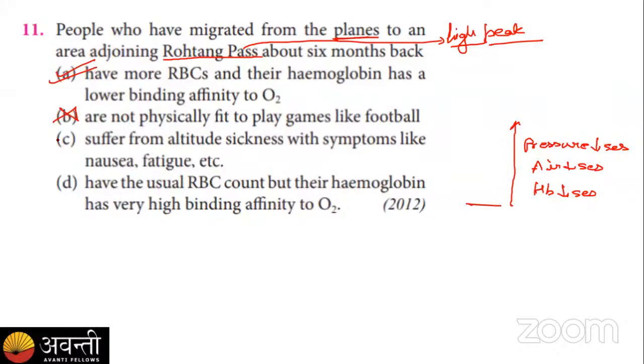After that, we cannot see such effects because the person has already moved 6 months back. And the last, as I said, the hemoglobin binding capacity to oxygen decreases with increase of height. So option D is also incorrect. Okay, so option A is the correct answer.